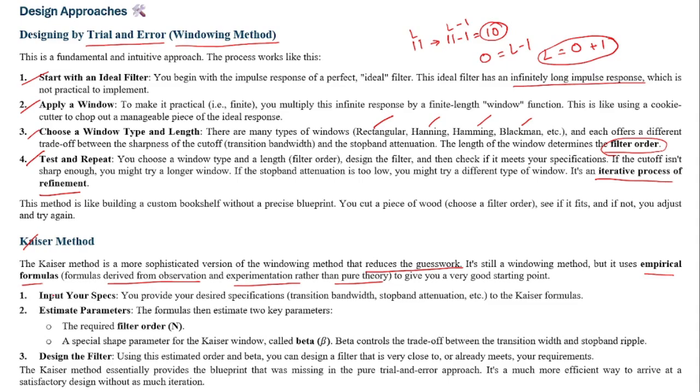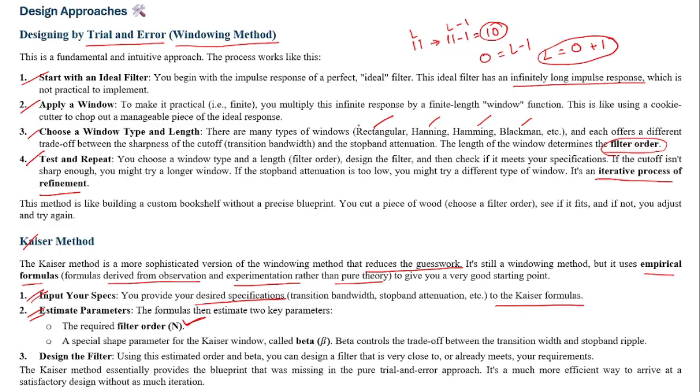Over here we have to give our input specifications. We provide our desired specifications to the Kaiser formulas, and once we have done that, we get the estimated parameters. One of these is the filter order.